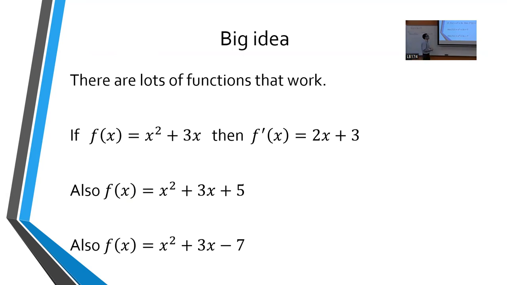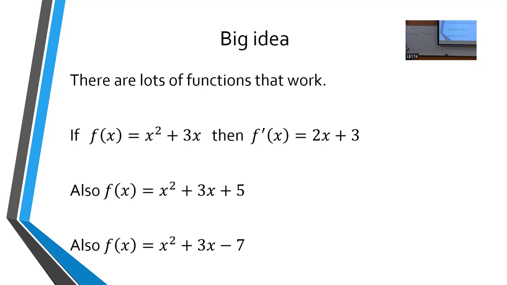However, we also saw that the derivative of a constant number is 0. So anytime we want to add a constant number to that, like we add 5 to my original function, or we subtract 7 from my original function, that's going to give us the same derivative. So x squared plus 3x plus 5 also gives the same derivative.